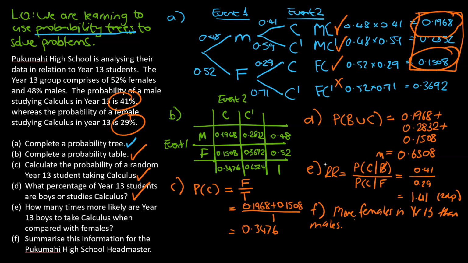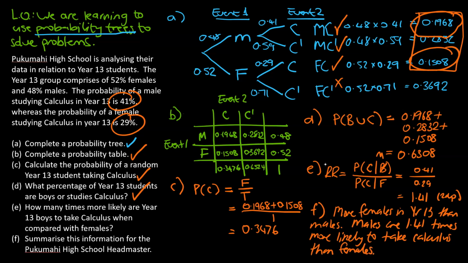Males are 1.41 times more likely to take calculus than females. So I think those are the two bits of information we'd want to be going over. So we want to figure out who's more likely to occur, males or females, and are males more or less likely to take calculus than females.